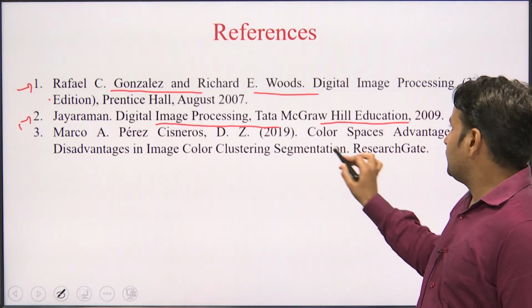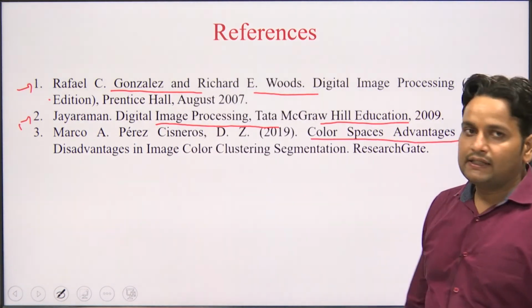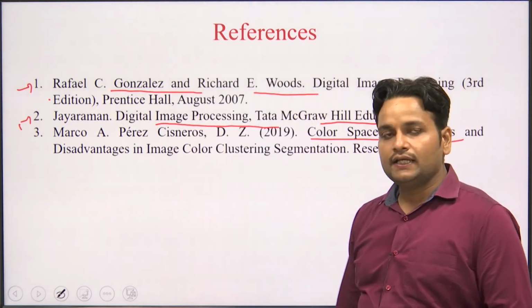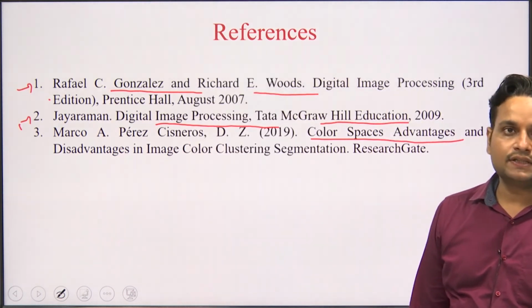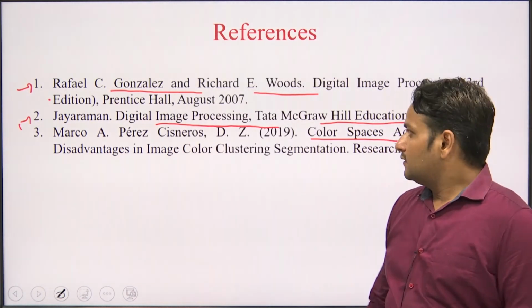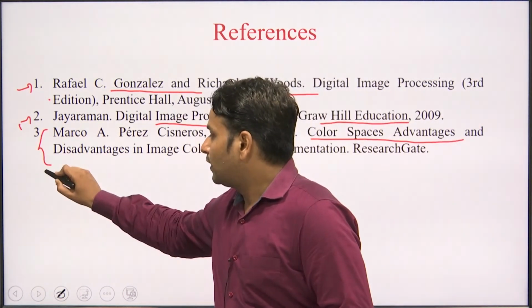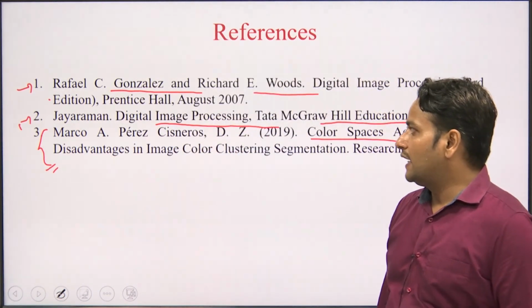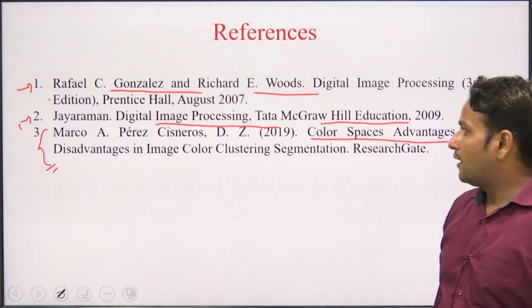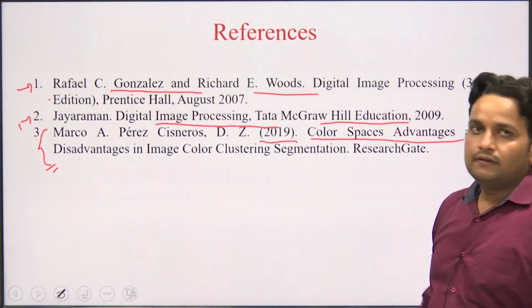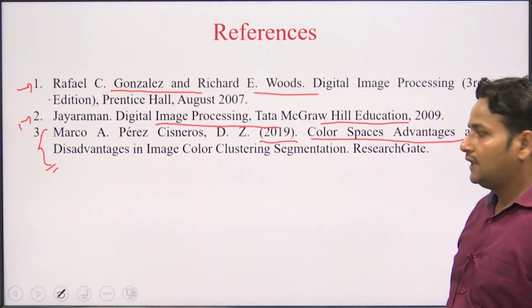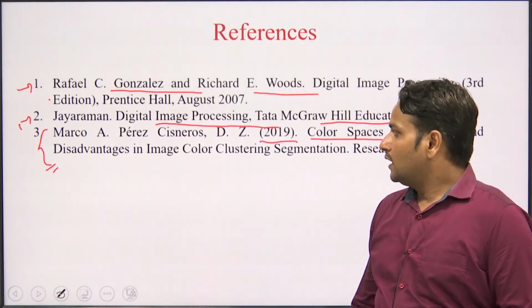And if we talk about the color space advantages, which we have already covered in the digital image processing operations, then that book is very much important. So, that is Marco A. Pires, which was published in 2019. So, that thing we have covered.